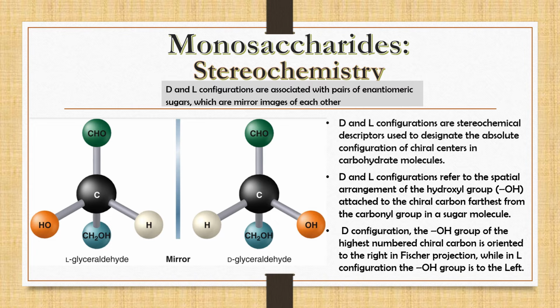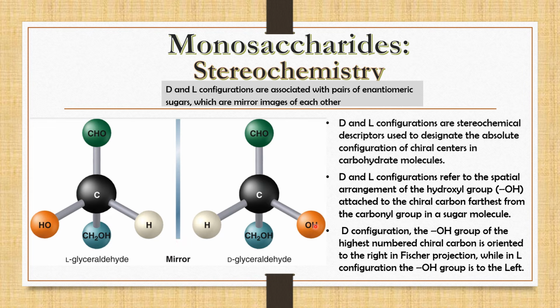The structure with the hydroxyl group on the right and the functional group on the top of the asymmetric carbon atom is designated as D. The structure with the hydroxyl group to the left and the functional group on the top is designated as L. So here the hydroxyl group is on the left and the functional aldehyde group is at the top. So this is L-glyceraldehyde.